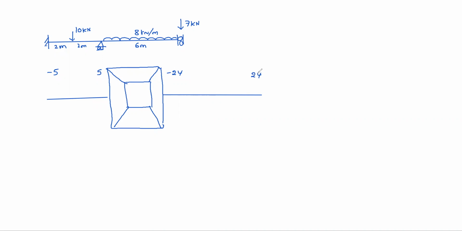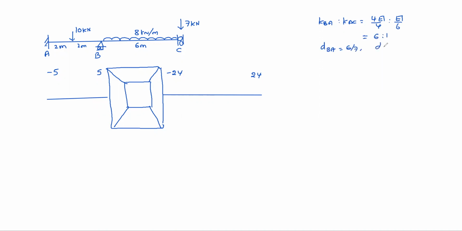Before that, find the stiffness ratios and all. KBA, KBC. KBA is to KBC equal to 4EI by 4 is to EI by 6. That is nothing but 6 is to 1, right? So the distribution factor of BA equals 6 by 7.